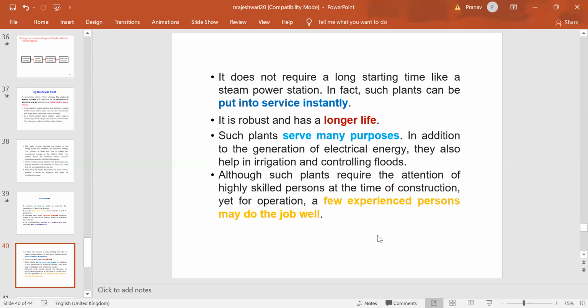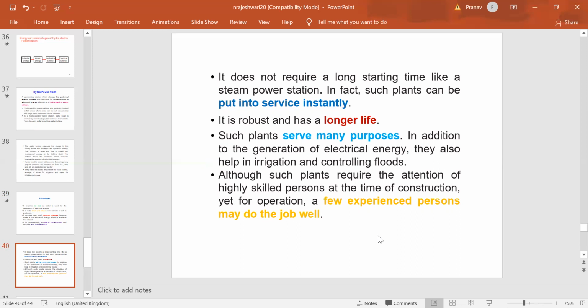So it does not require a long starting time like a steam power station, because for the steam power station it requires long starting time as it will burn the coal and produce the heat, so that it will take some time. In fact, such plants can be put into service instantly, and it is robust and has a longer life.